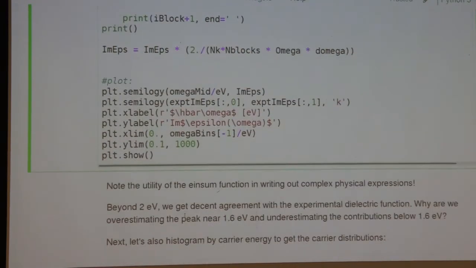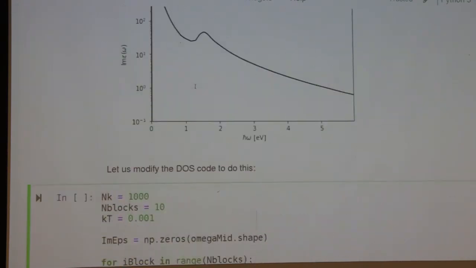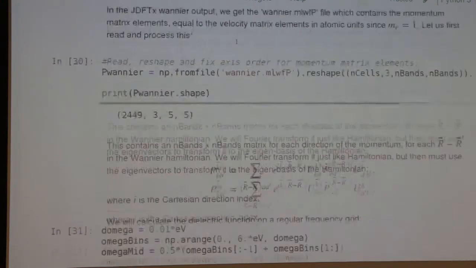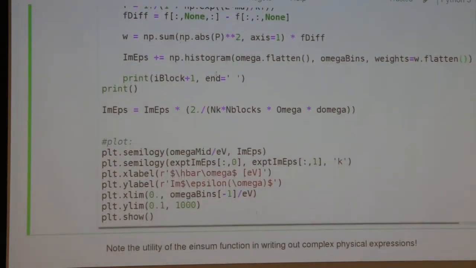And finally we need to sort out this prefactor. So let me look at that expression again. So I have 4 pi squared gs, so that will be 8 pi squared. E is just 1 in atomic units. And I have 3 omega squared in addition to what I already had. So my prefactor here is going to be 8 pi squared over 3, and I also have omega squared, which is going to be that.